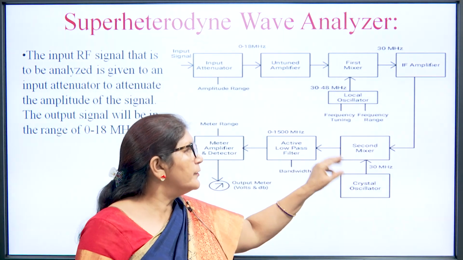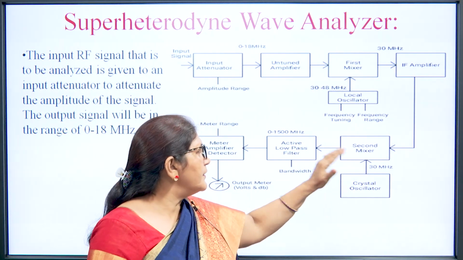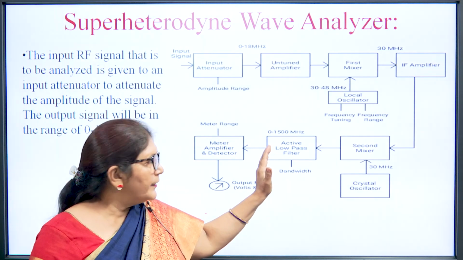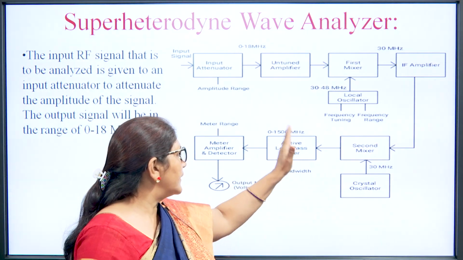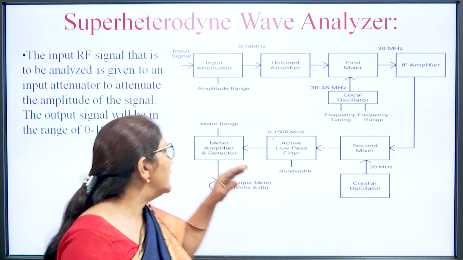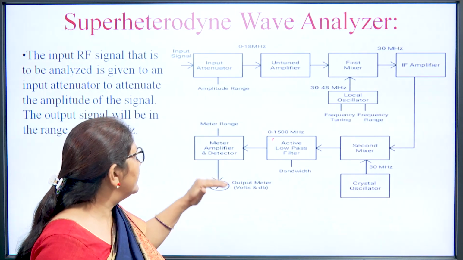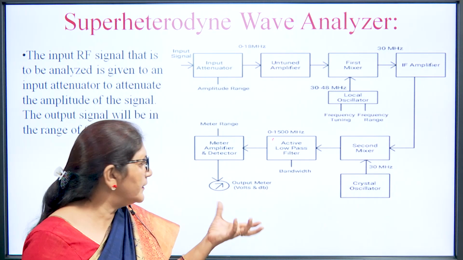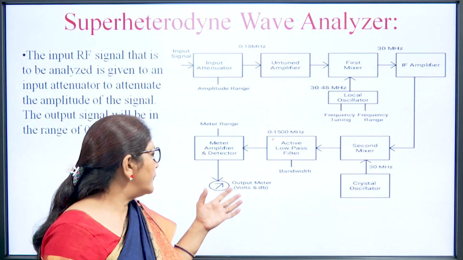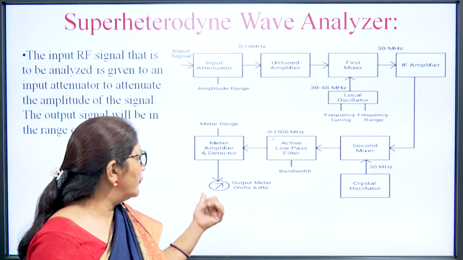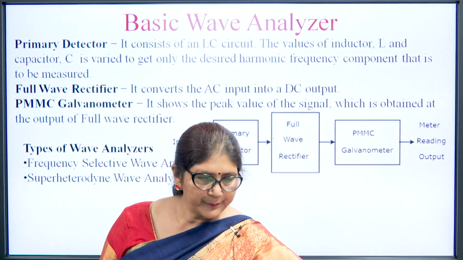So, it will produce 0 frequency. The 0 frequency component is passed to the active low pass filter, and then this signal which now has 0 frequency is detected by the detector circuit, which is simply a voltmeter, and this voltmeter will display it in volt or dB.